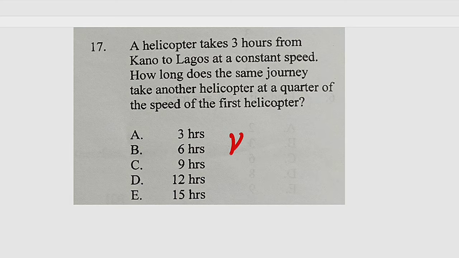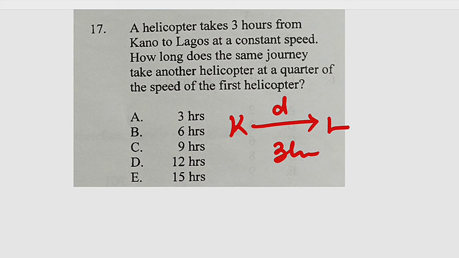Suppose we have Kano here and we have Lagos here. We don't know the distance apart, but it is constant. It takes a particular helicopter 3 hours to cover this journey at a particular speed. So what do you expect of another helicopter that travels at a quarter of the speed of this one?